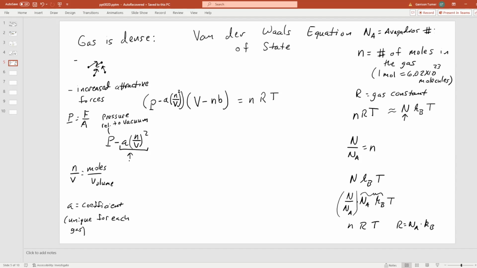And this is the pressure, or the reduction in pressure, we should say. Okay, so this is the reduction in pressure due to the intermolecular forces.